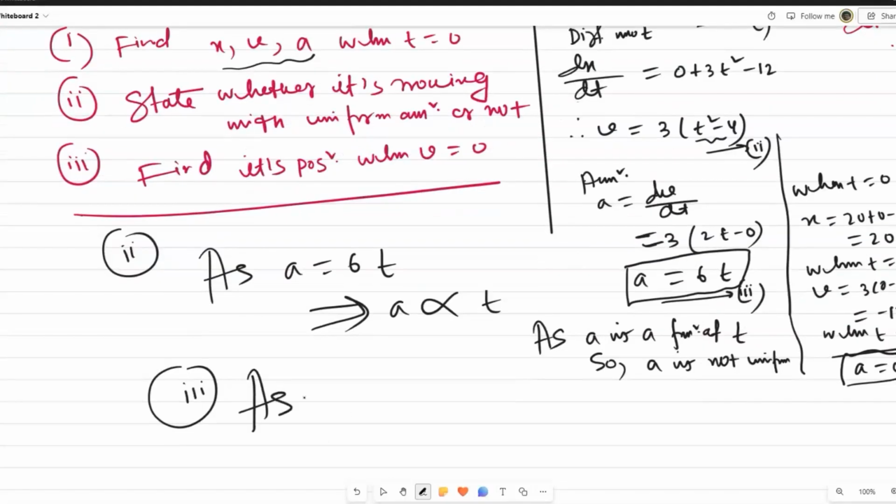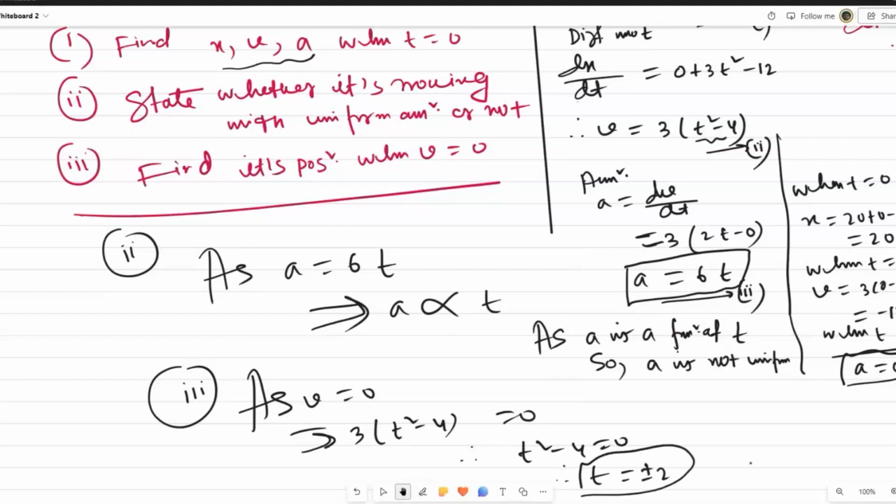So for the third part, as v equal to 0, this implies 3 into t squared minus 4 equal to 0, t equal to plus minus 2. But t is not negative in our calculation. It can never be that. So we'll take t equal to 2. Time at which velocity is 0. So what is the displacement at that time?